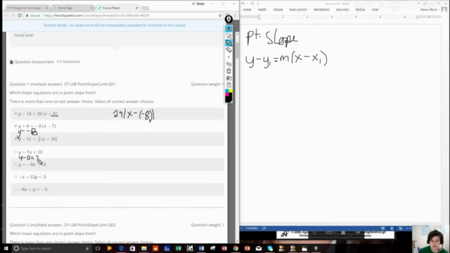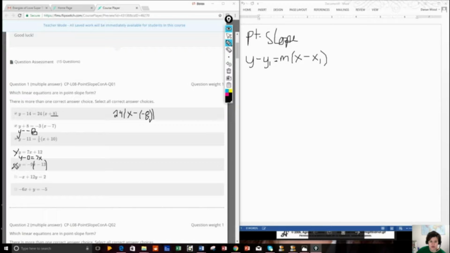Equals 7x. Okay, this is the part that is not okay because we do not have our parentheses. So this one is not in point-slope. Y equals, again, that's still okay because it could be y minus. Where it's not okay is where it's not including parentheses, because there's no parentheses there.